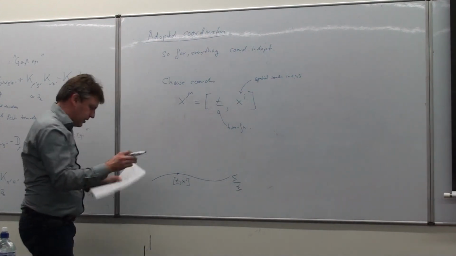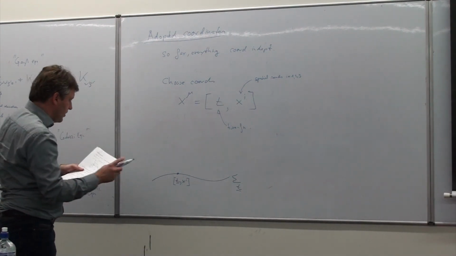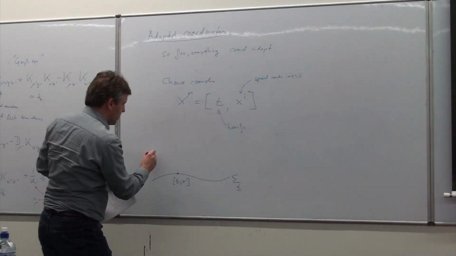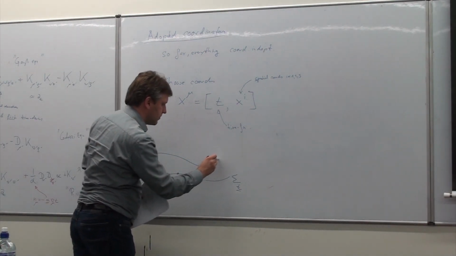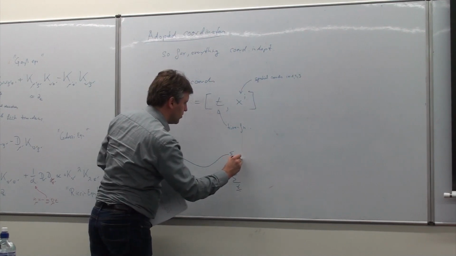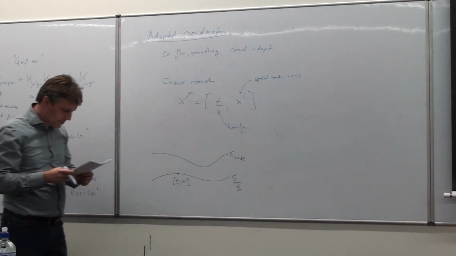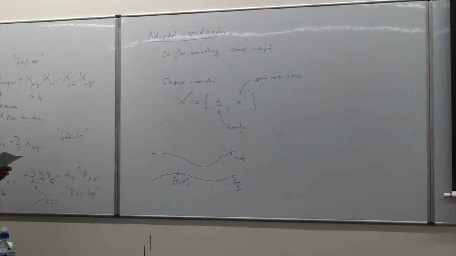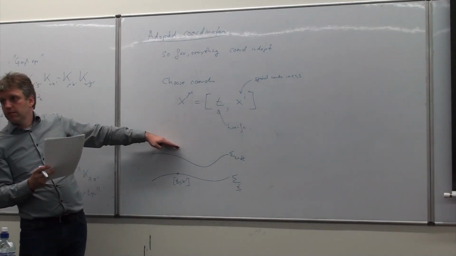If I now have a second hypersurface a little bit later, so some delta t later, we need to relate the coordinates on the first and on the second hypersurface.